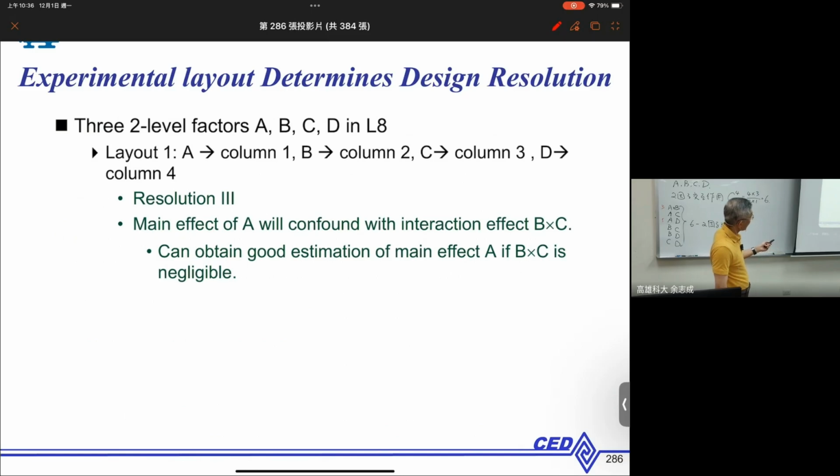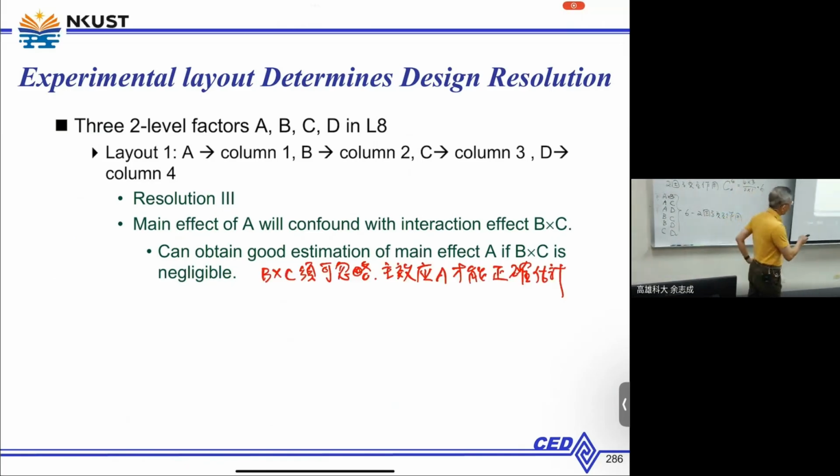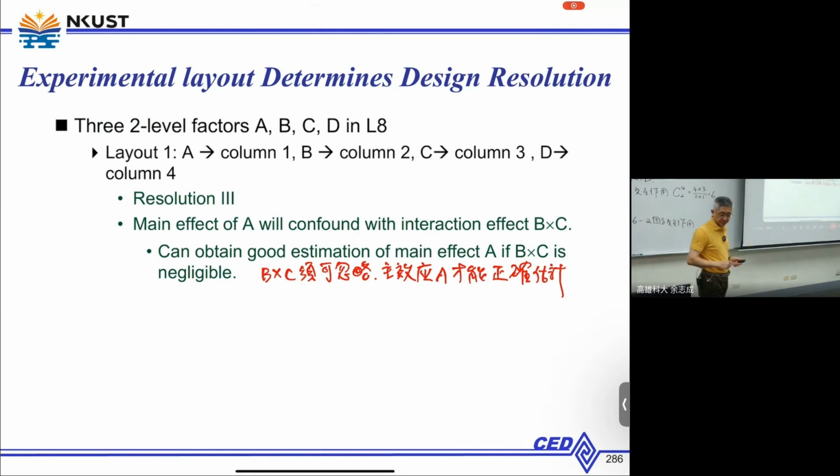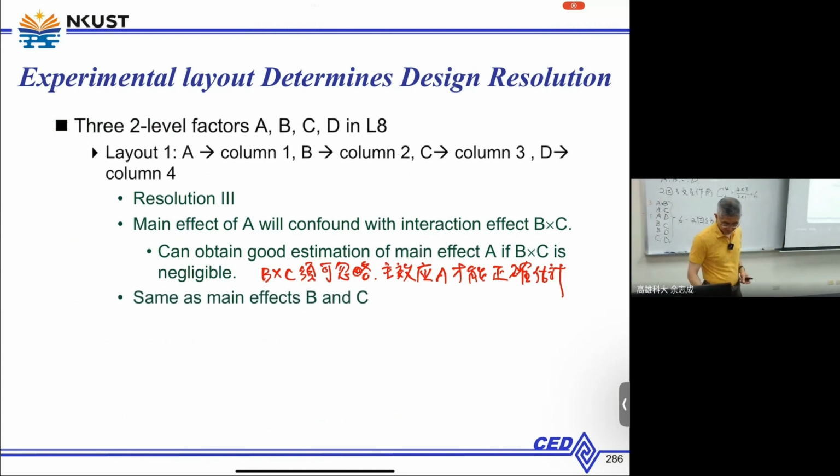So we can have a good estimate of A only if BC is negligible. See? Since A and BC are confounded if you make this arrangement. Same thing for B and C. They are confounded with some interactions.